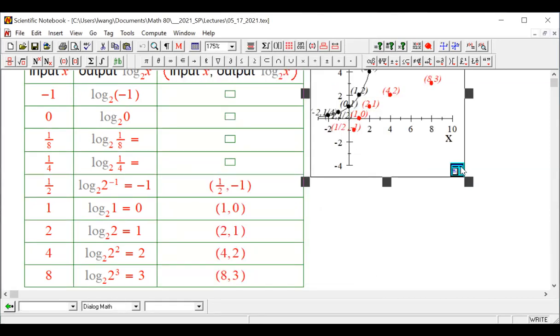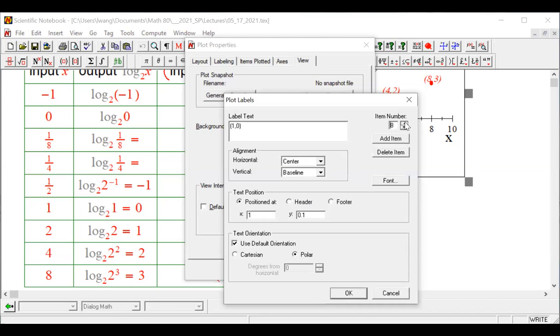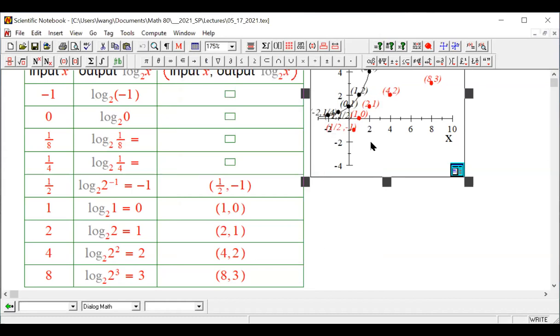It's still not as good, but let me move over a little bit more. There. Okay, it's better, right? So this dot. You can see the output starts to be negative.